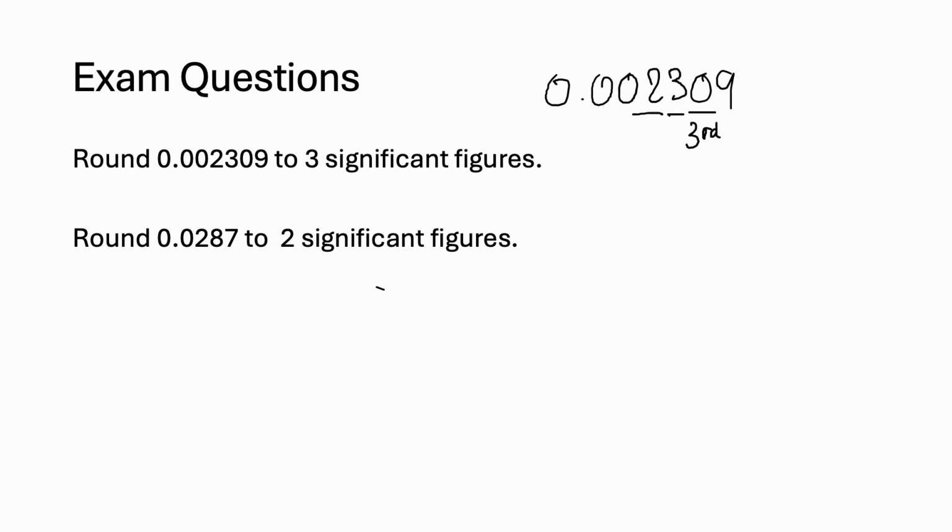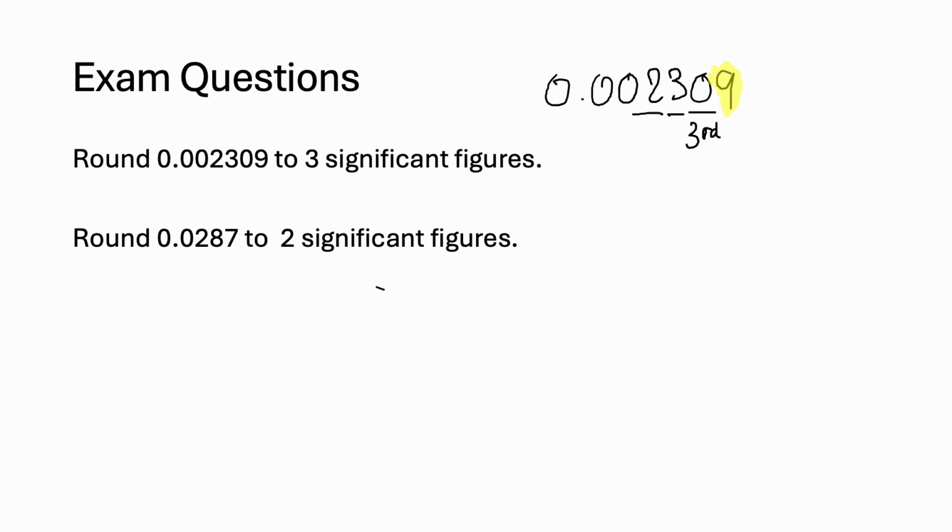Similar to what we do with rounding, we look at the third significant figure, then we look at the number which is to the right, next to the significant figure that we are looking at. Then we see whether the number next to it is 5 or more, then we round up.